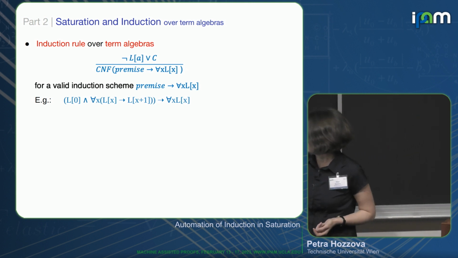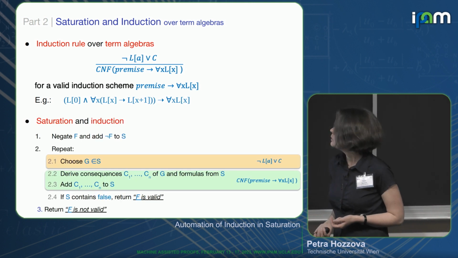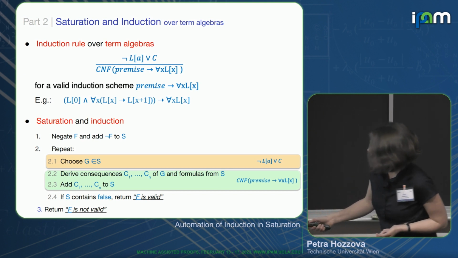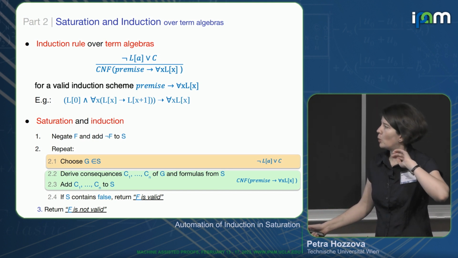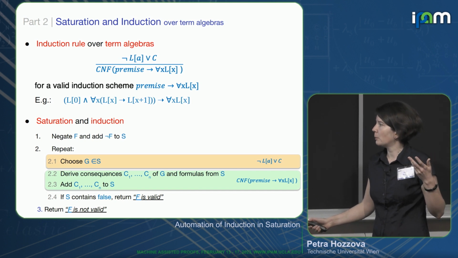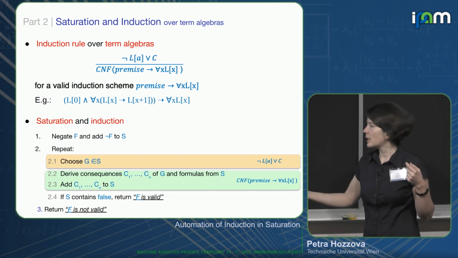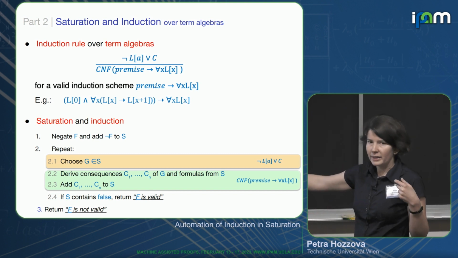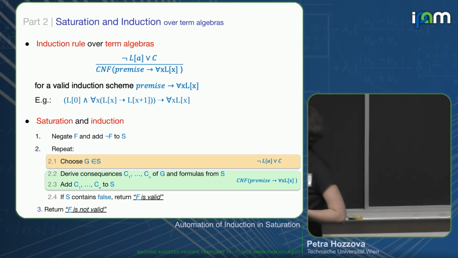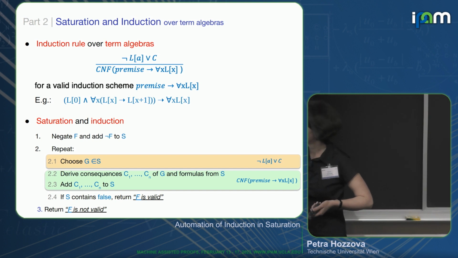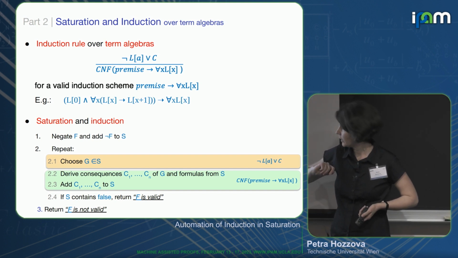So how does this play together with saturation? So again, in our saturation loop, in step 2.1, we would choose some formula. So let's say that we actually chose a formula that corresponds, in its form, to the premise of the induction rule. And if we do that, then we can apply the induction rule and hence derive the consequence that is the clausal normal form of some valid induction scheme.